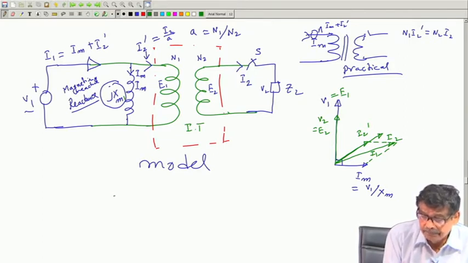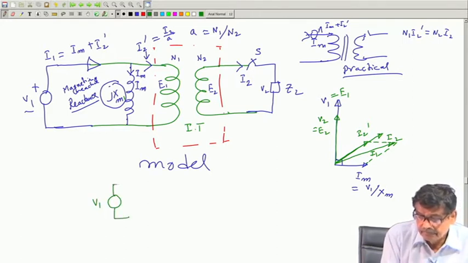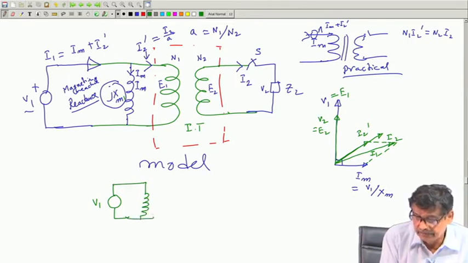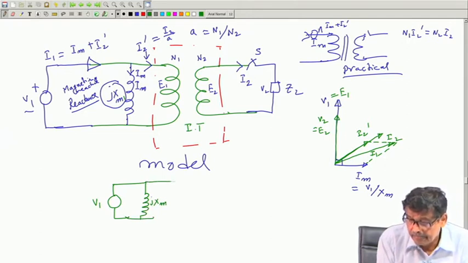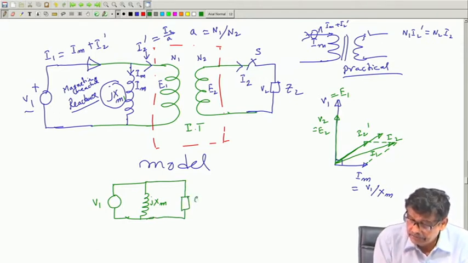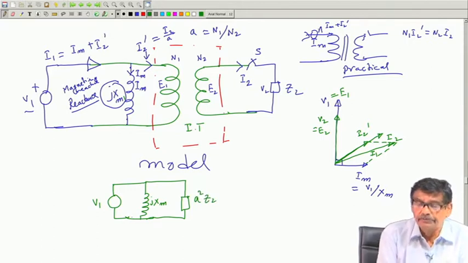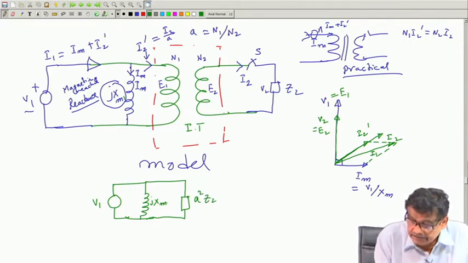It will be V 1, here is a reactance, no windings, this one JXM, and here will be the impedance A square Z 2. This will be the equivalent circuit referred to the primary side, JXM 1.